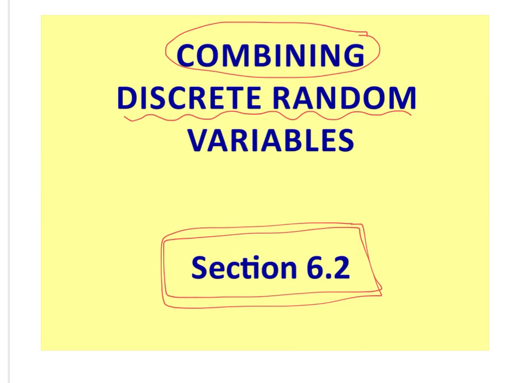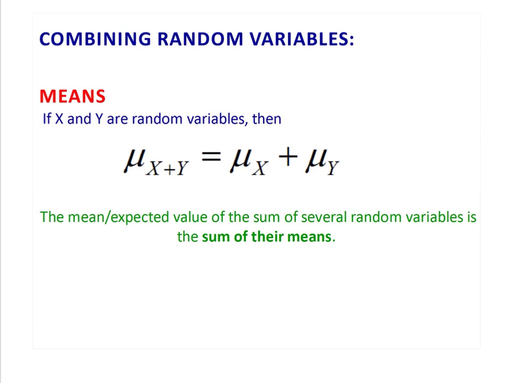So let's see what combining discrete random variables looks like. When I combine random variables, the first thing I'm going to combine are my means.